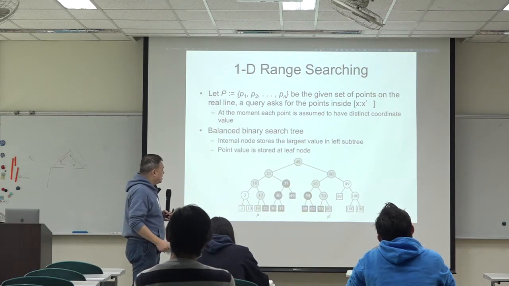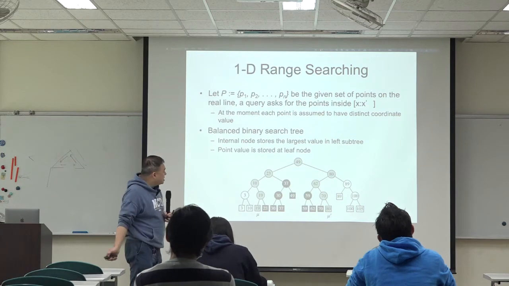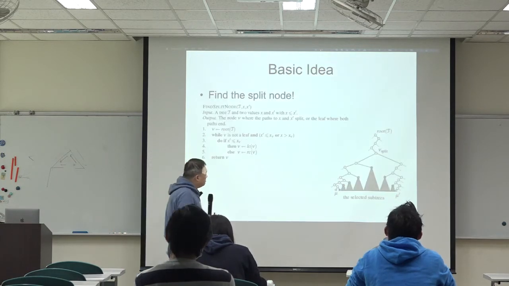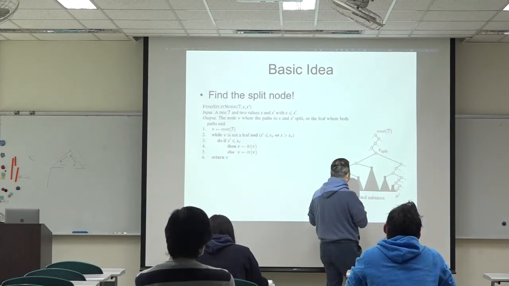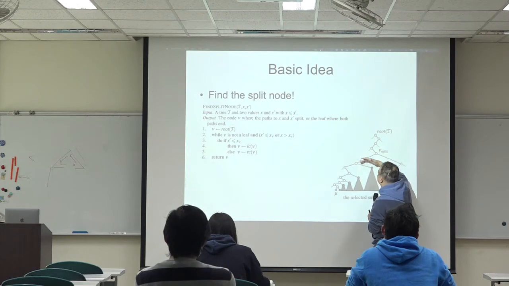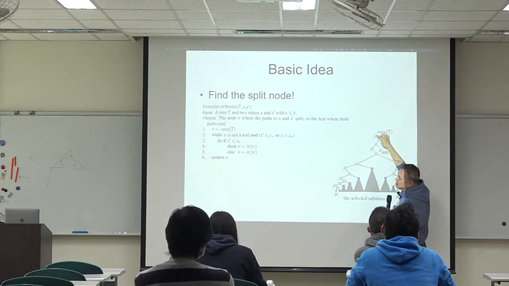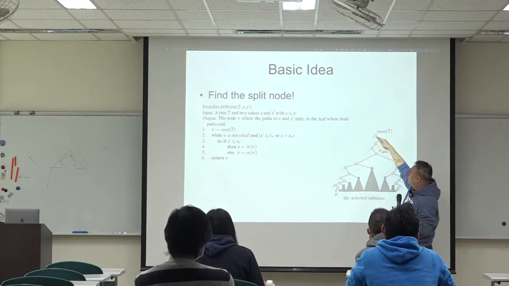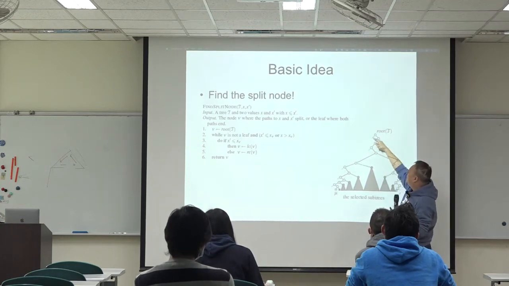You will find that the binary search tree may have many layers. But for example, when you are here, you don't want to search for the endpoint in both directions.